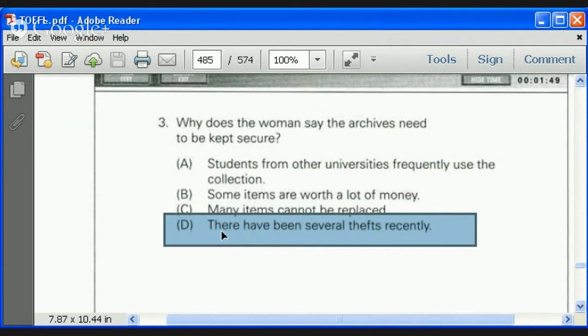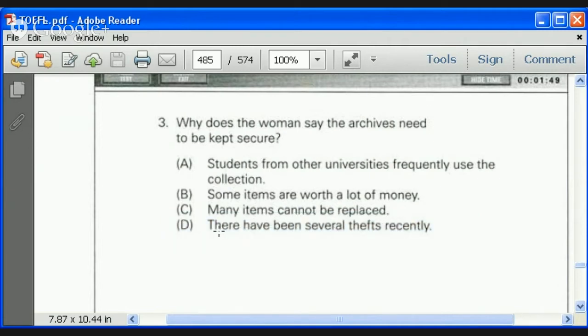So just because the first thing you read sounds good, don't pick that. Make sure you read all of them, because again, that's what they do. They have trick answers, so you've got to be careful. You've got to check everything.